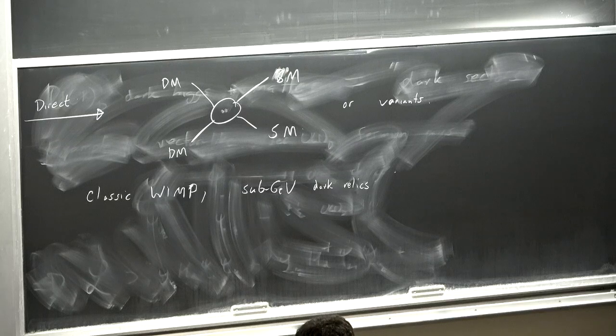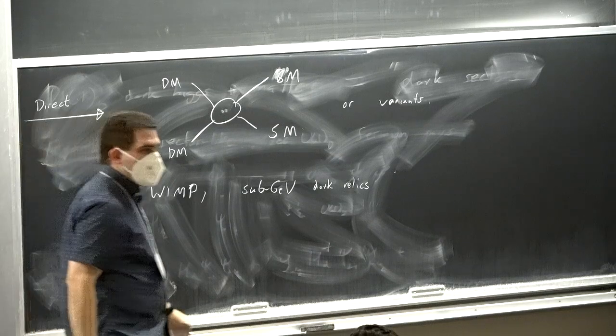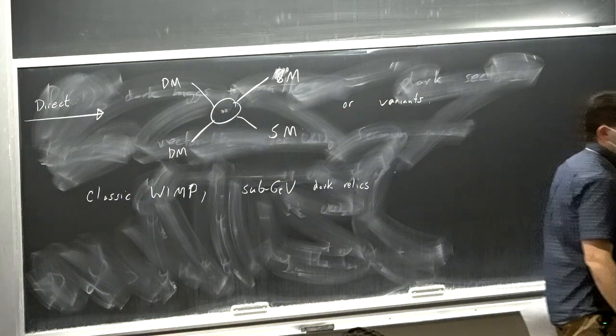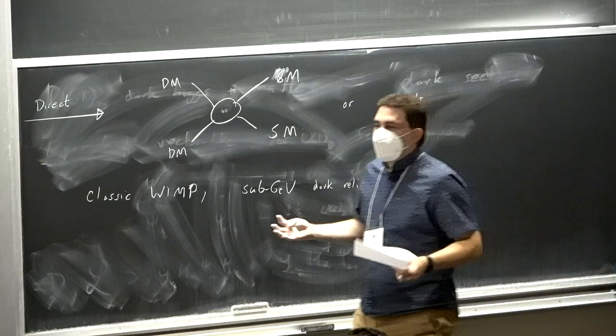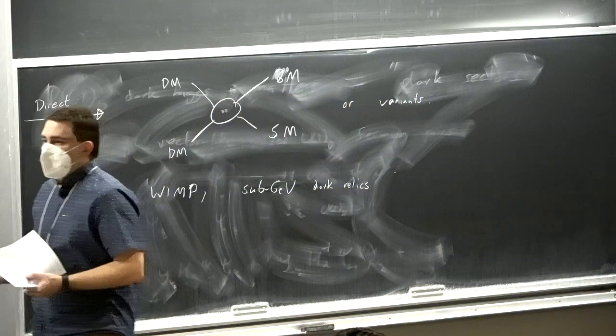And I'm going to talk primarily going forward about this sort of direct entropy transfer class of models, largely because they tend to be the most predictive. These are scenarios where the relic abundance is dictated by interactions with the standard model relatively directly. And that makes it interesting from the point of view of experiments.